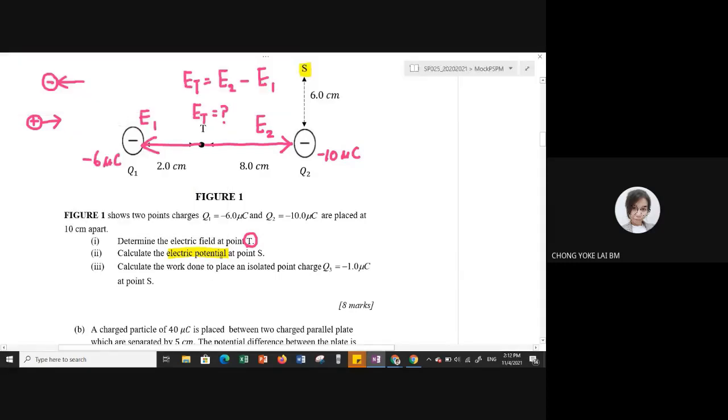Electric potential is V. V is a scalar quantity. For a scalar quantity, we do not need to consider direction. It has no direction, so we do not need to draw vectors.